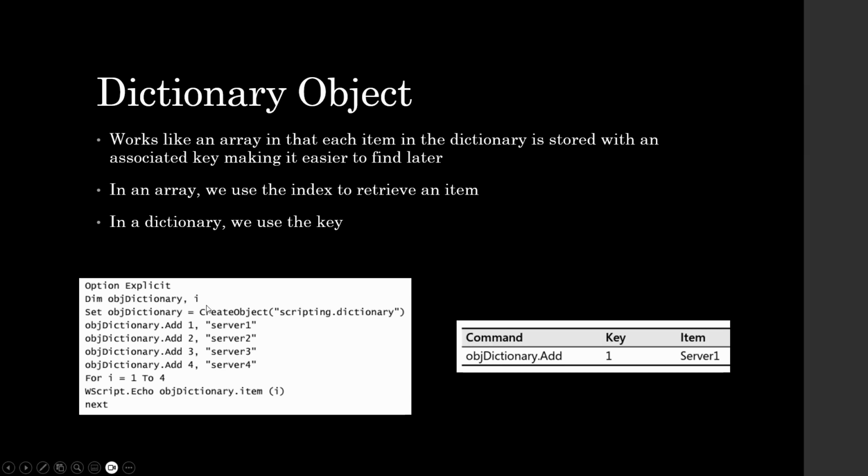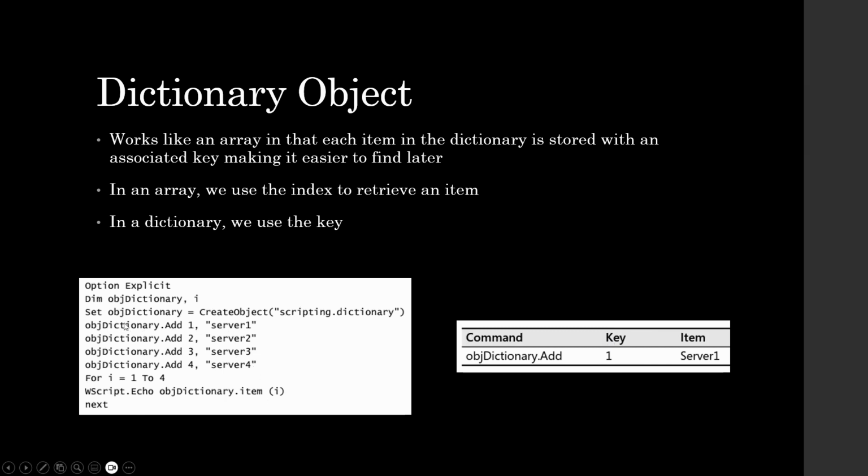scripting.dictionary. We use the object dictionary.add command with a key, and we give it an item. So here our keys are actually 1, 2, 3, 4, and I give it server 1, server 2, server 3, server 4. I can iterate through it, and I can then display each item in the dictionary.